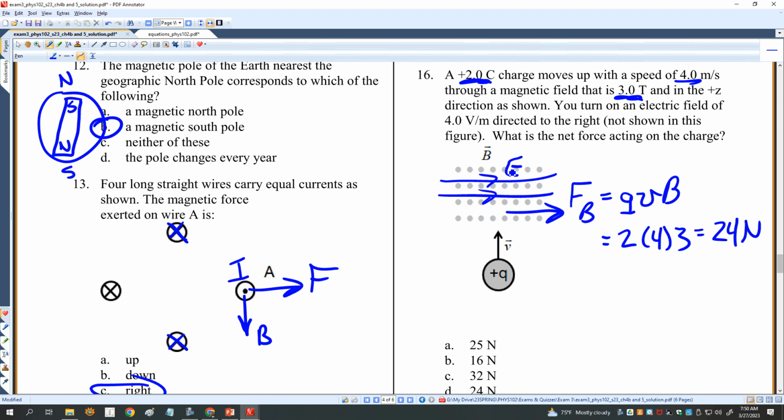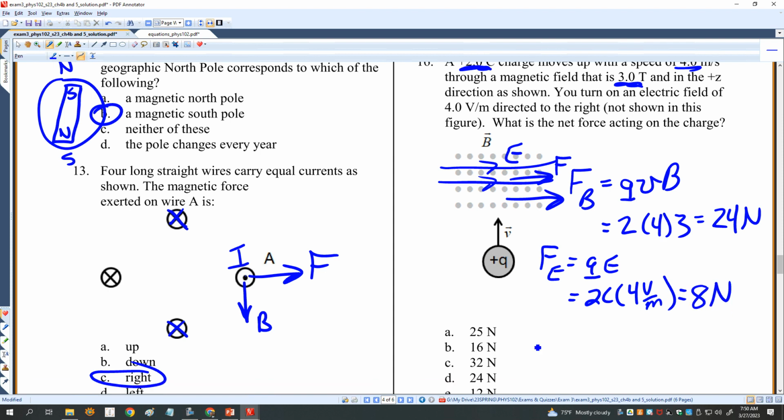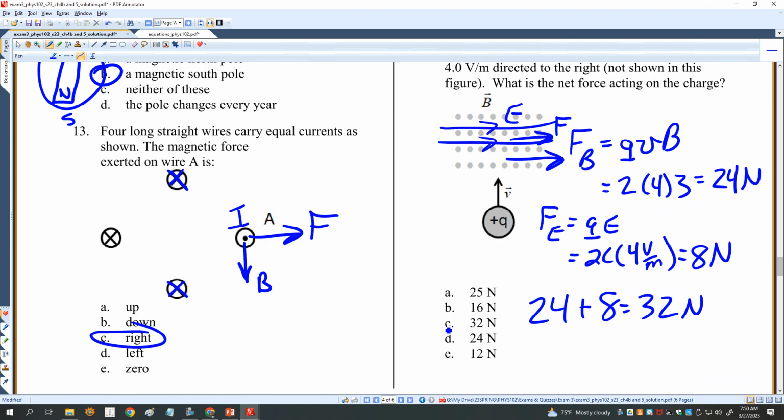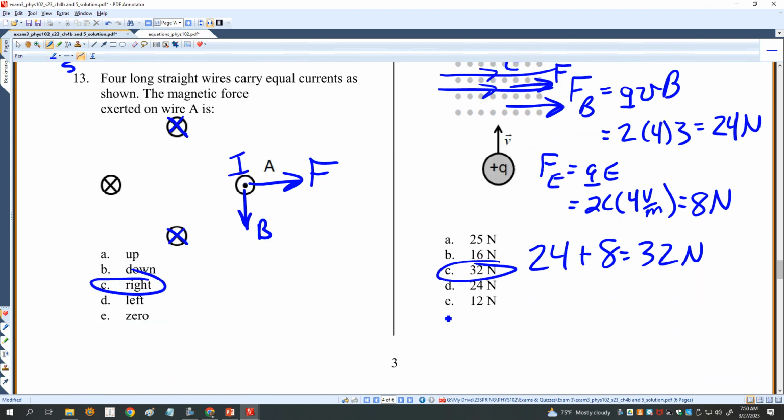Anyway, it's a positive charge, so it is going to feel a force in the same direction as the electric field, and that electric force is equal to Q times E, which is 2 coulombs times the electric field, which is 4 volts per meter, or 4 newtons per coulomb if you prefer, and so that's 8 newtons. Because these are in the same direction, I'm going to add them up. If they were in opposite directions, I would subtract them, and so C is the right answer.